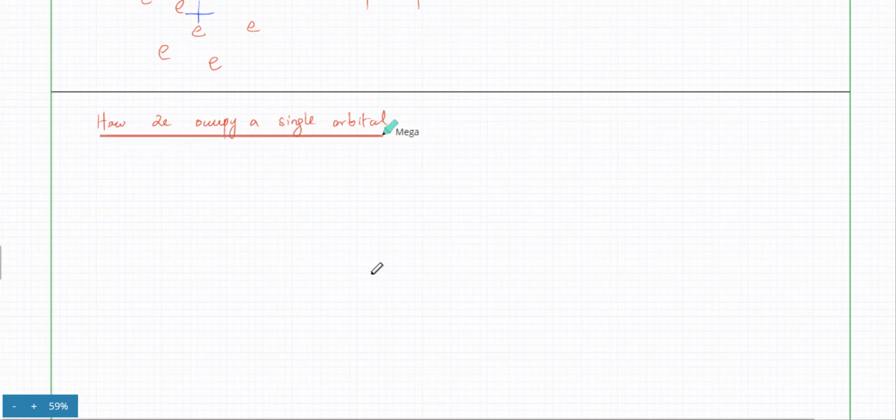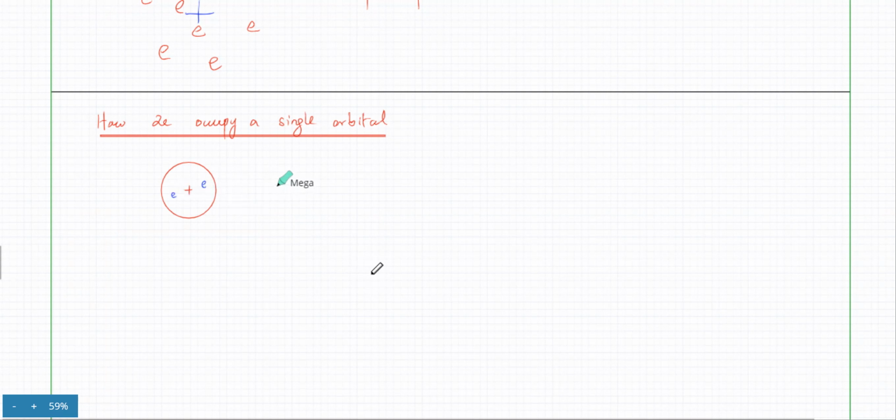This is what we discussed earlier, that each orbital can have a maximum of 2 electrons. So here's your nucleus and here's an s orbital. And the maximum number of electrons an orbital can accommodate is 2.